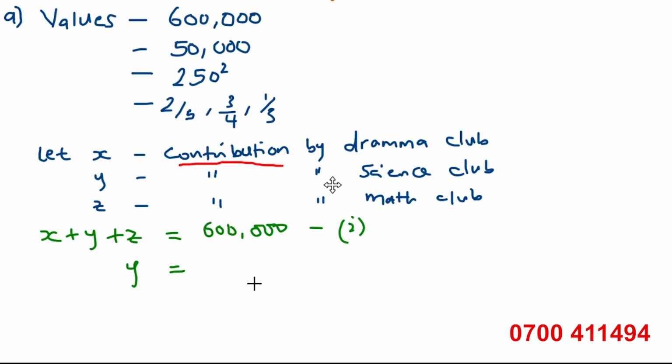If we know the contribution by the drama club, which we let be X, then the contribution by the science club will be X minus 50,000. This is what it means by 50,000 less than the contribution of the drama club.